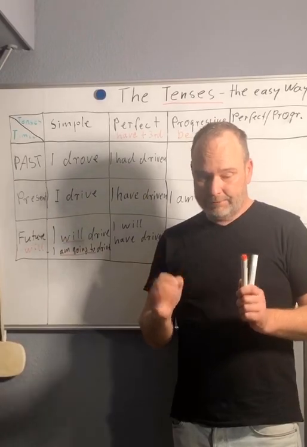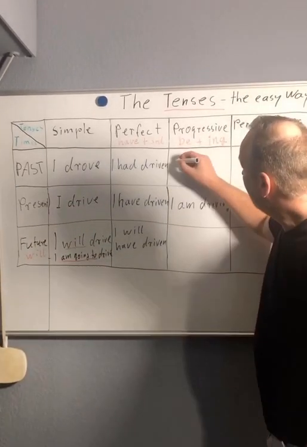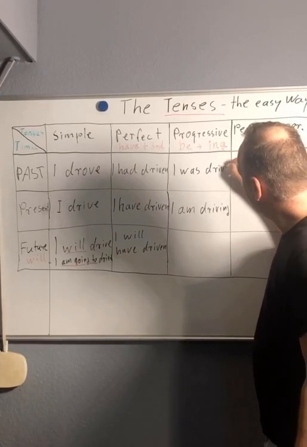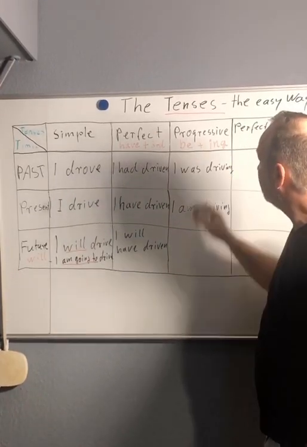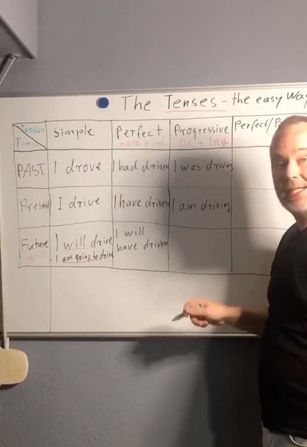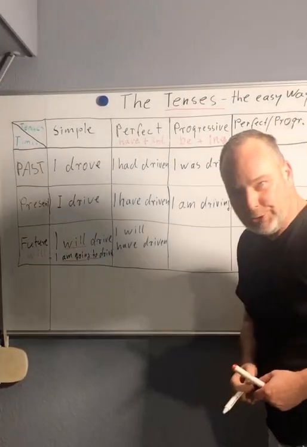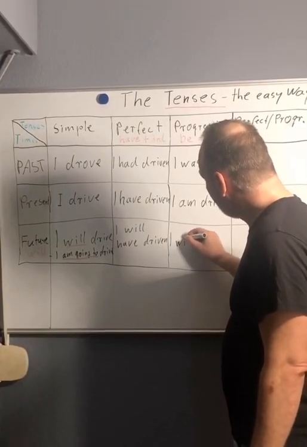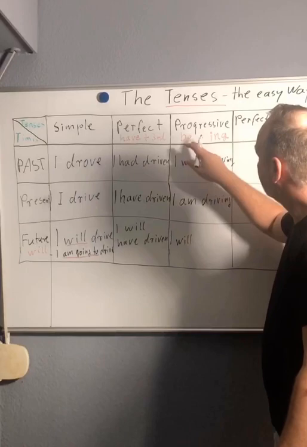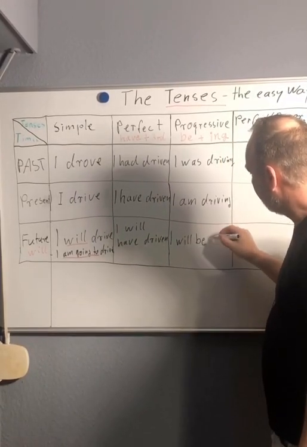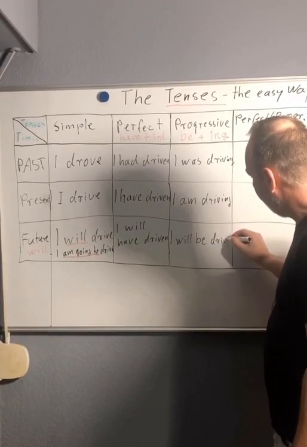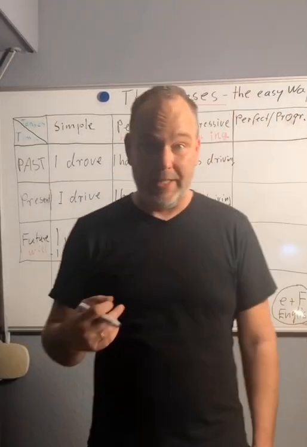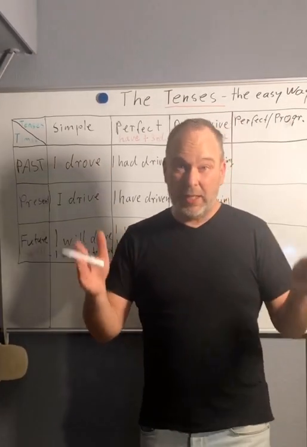In the past, you guessed it, I was driving. So all you do, the form of be in the present, in the past, and in the future. I will be driving. Again, this is something that will happen in the future, in a period of time.